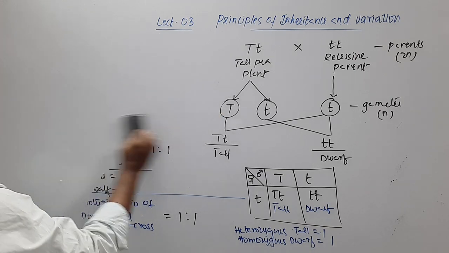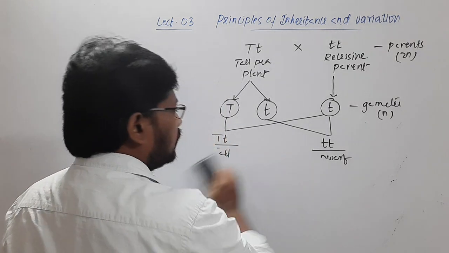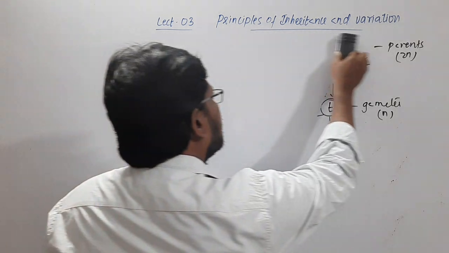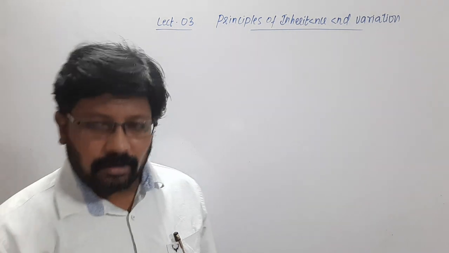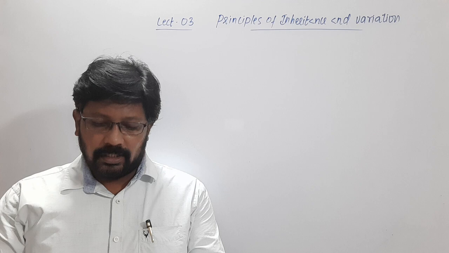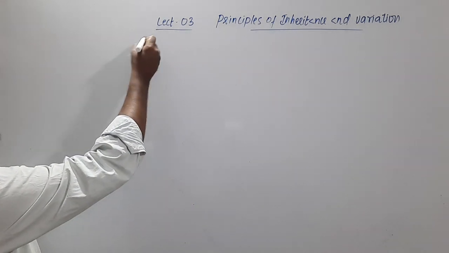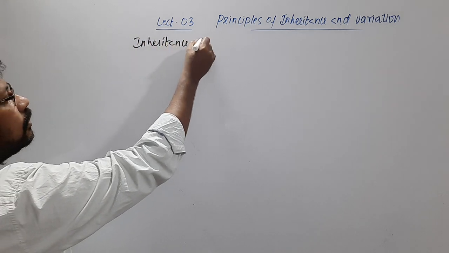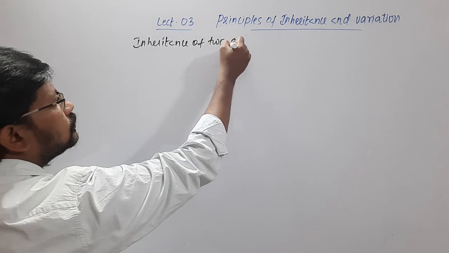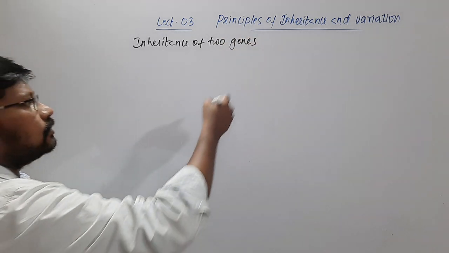So now let's move on to the next one, Mendel's dihybrid cross. We have studied till now the inheritance of only one gene. Now we will see the inheritance of two genes.